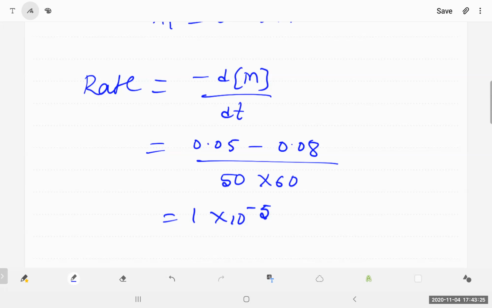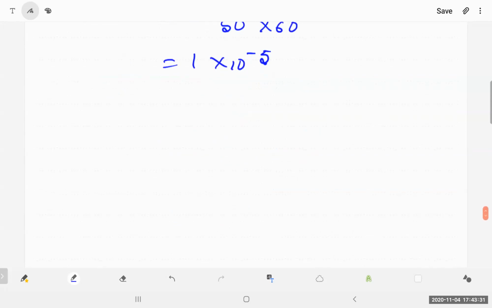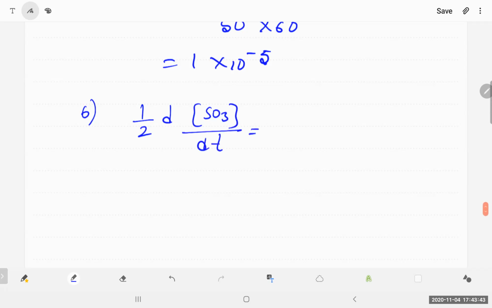The rate of formation of SO3? So d SO3 by dt is equal to, they have given 6.4 into 10 power minus 3 kg per second.